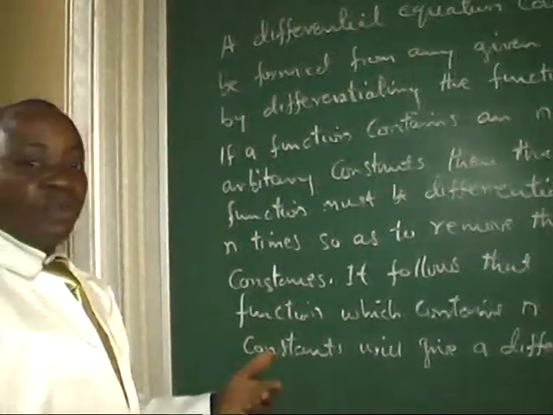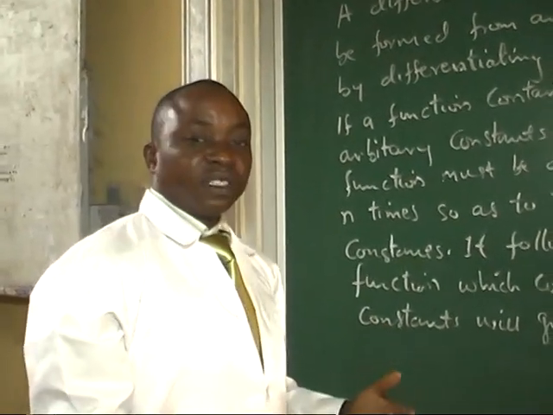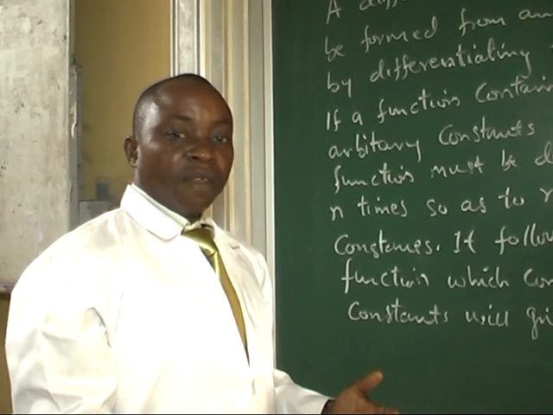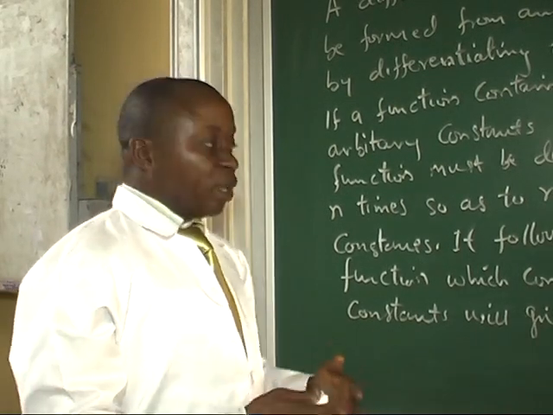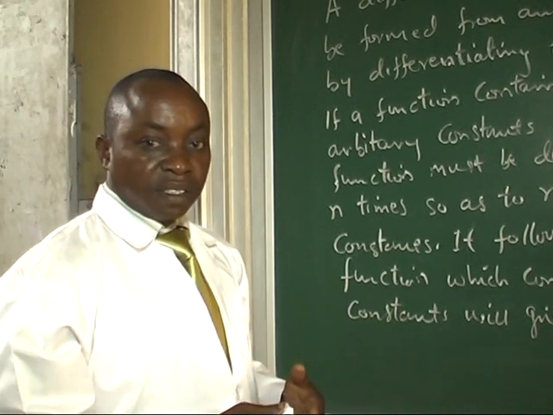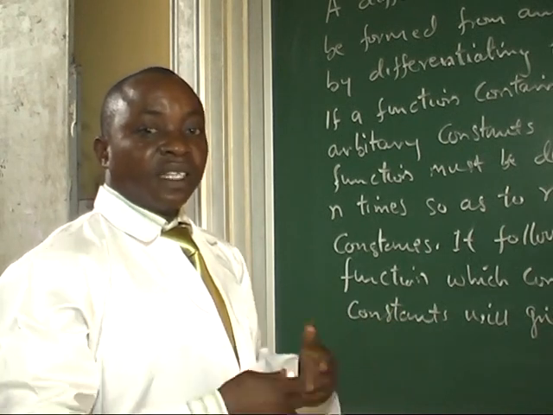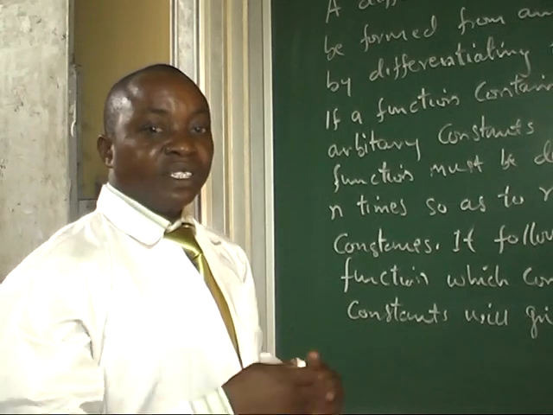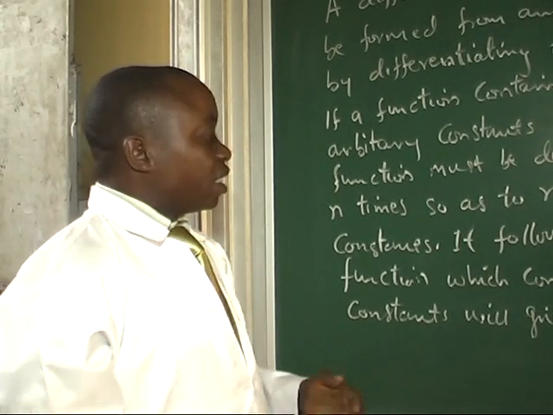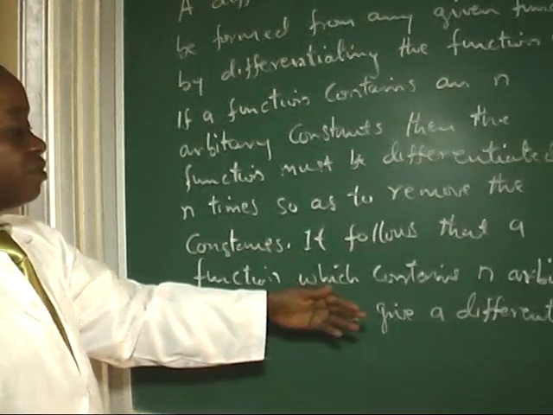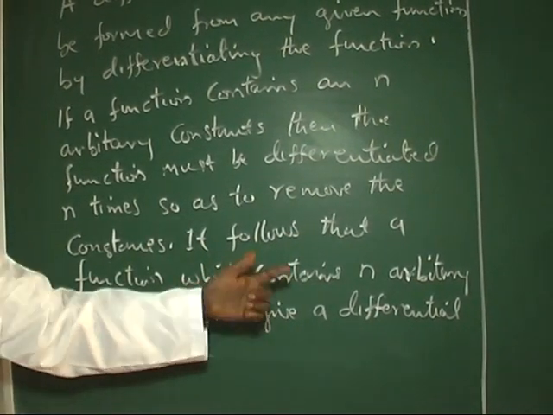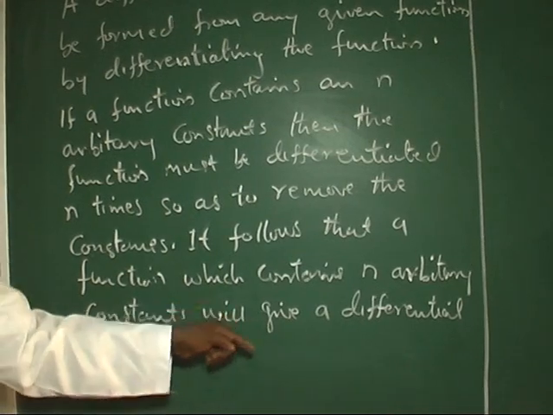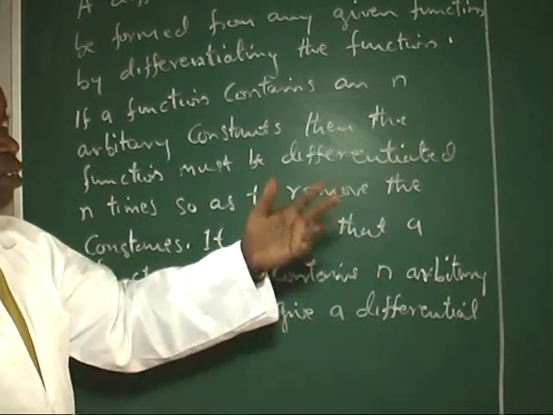You see, when we are given a function and the function contains maybe two constants, we must differentiate the function 2 times so that we can remove the constants. If it contains 3 arbitrary constants, then we differentiate it 3 times. So it follows that a function which contains n arbitrary constants will give a differential equation of order n.